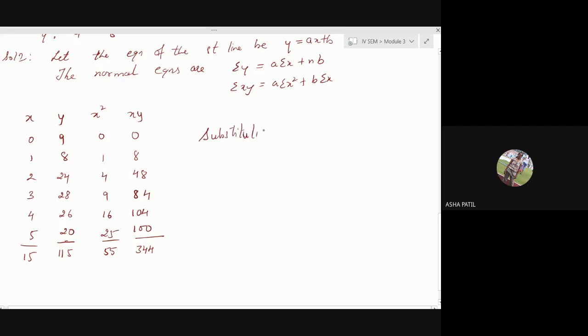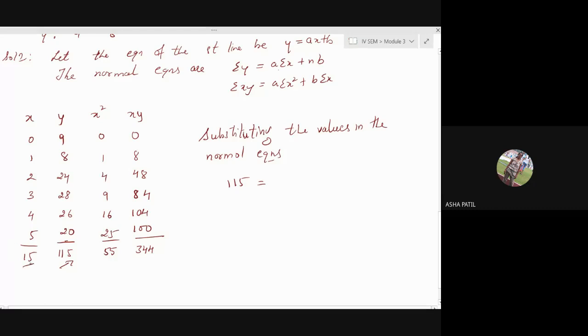Substituting the values in the normal equations. We'll substitute them in the normal equation. Summation y, what is summation y? Here we have 115. So 115 equal to a into summation x.